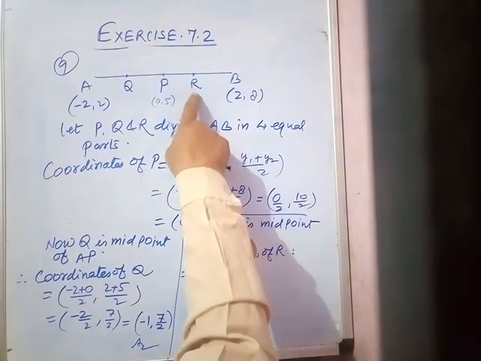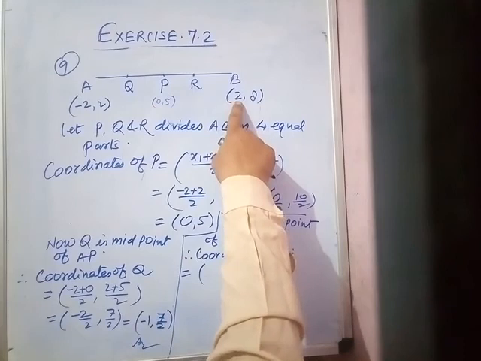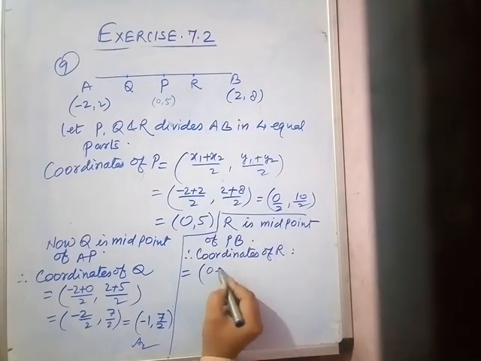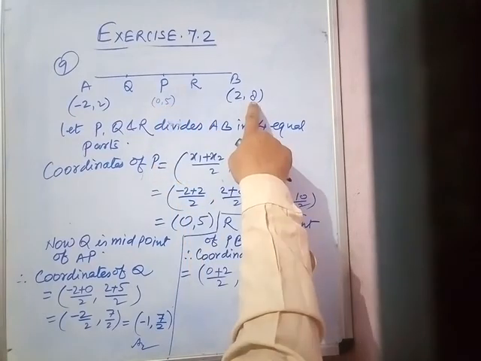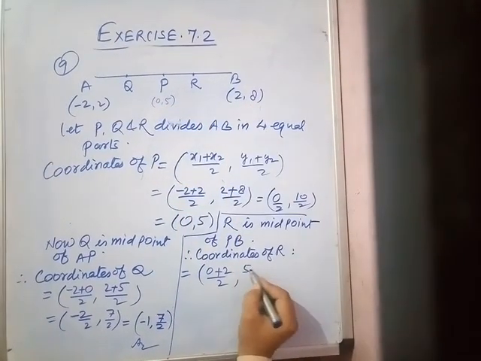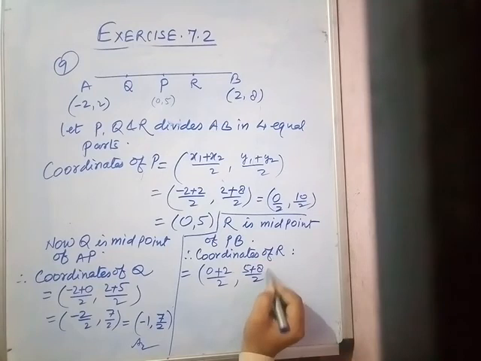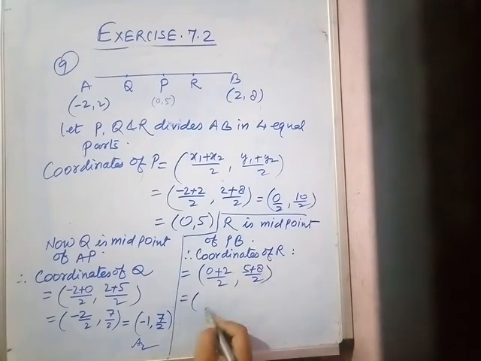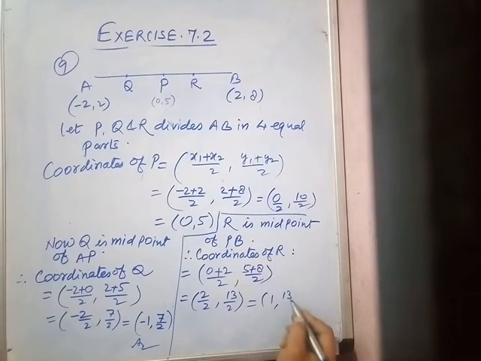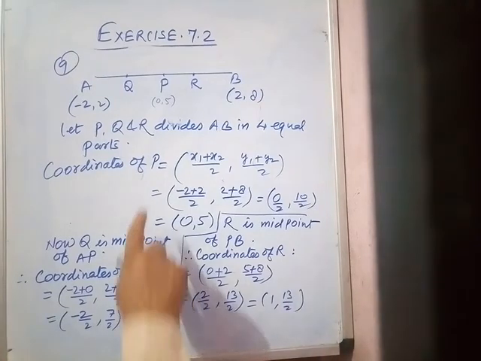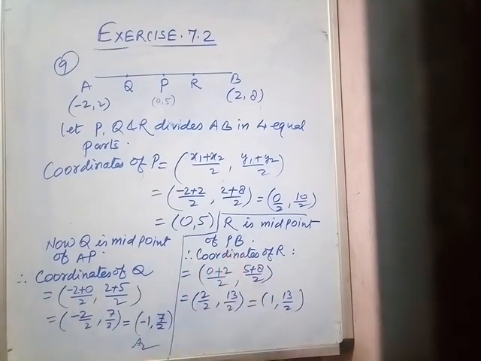Coordinates of R: (x1 plus x2) upon 2, that is 0 plus 2 upon 2, and (y1 plus y2) upon 2, that is 5 plus 8 upon 2. So it becomes 2 by 2 comma 13 by 2. So 2 by 2 means 1, and it is 13 by 2. So these are the coordinates of the required points P, Q and R.